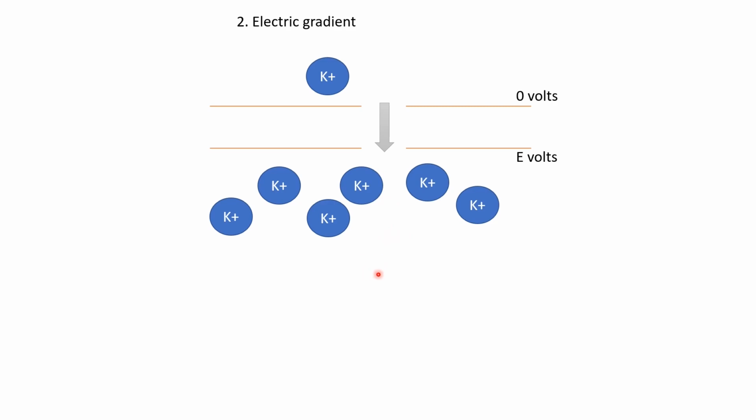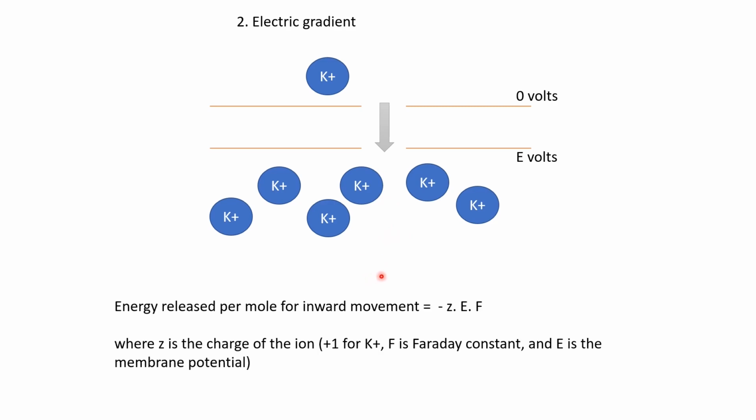And we can again quantify the energy that would be released per mole of potassium ions if they move in. This energy is given by minus ZEF, where Z is the charge on potassium ions, which is +1, E is the membrane potential, which is minus 65 or minus 70 or whatever value is present in the neuron, and F is the Faraday's constant.